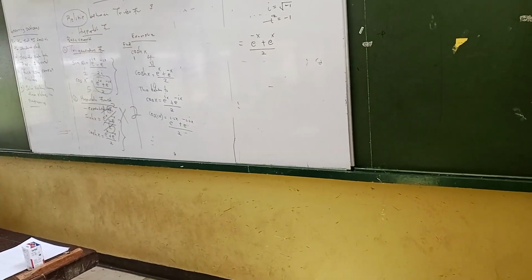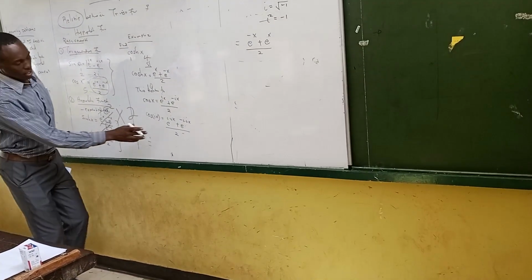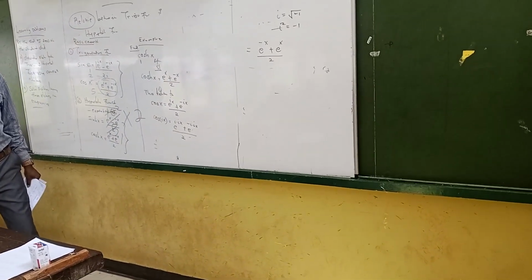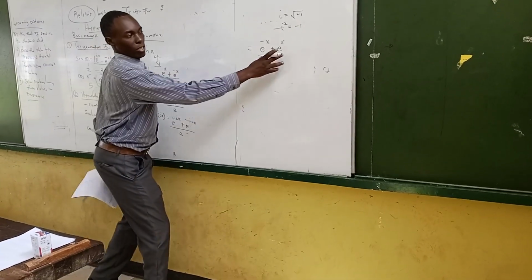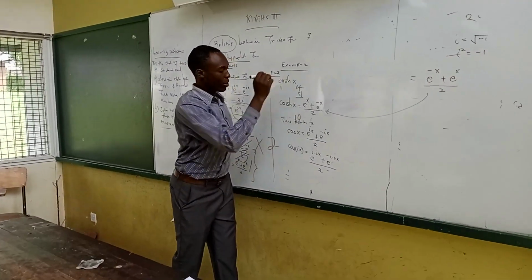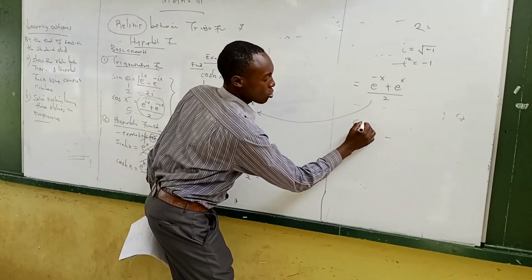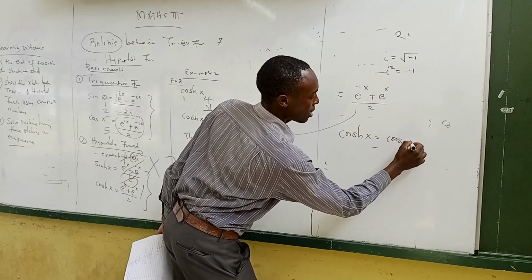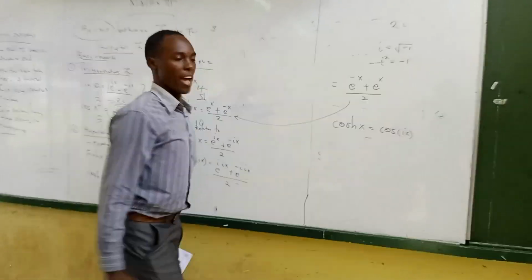That's what we have. But now, does this look the same as this? Yes. Now, if it looks the same, then we conclude that cos of x equals the cosine of ix.